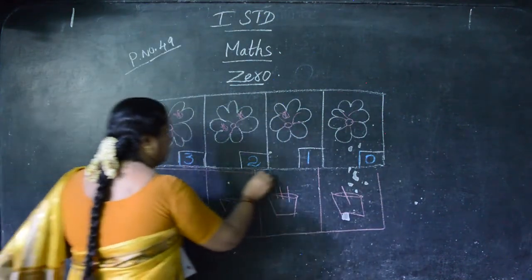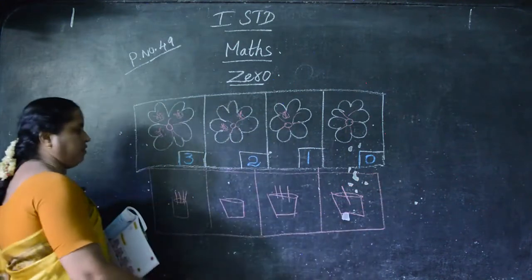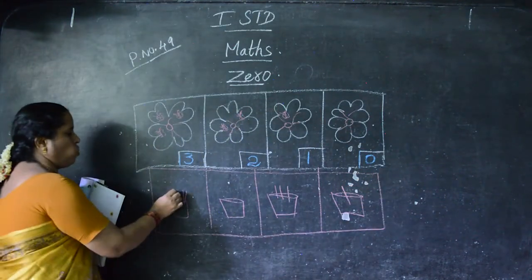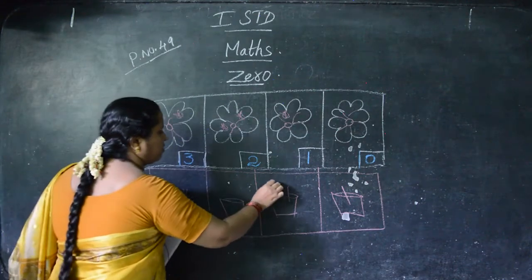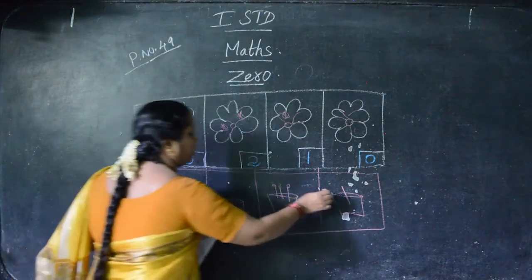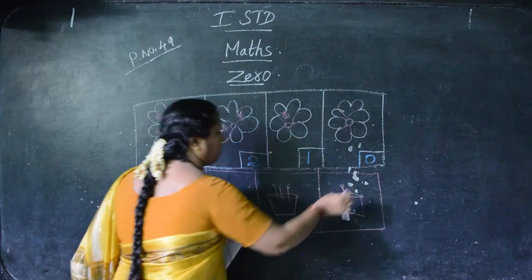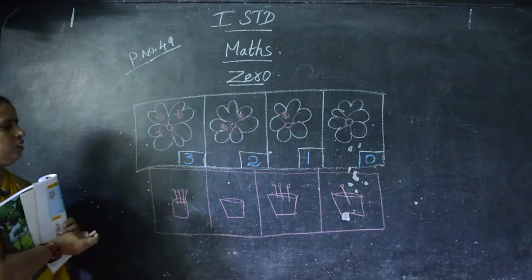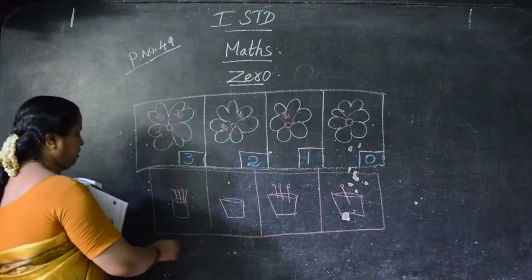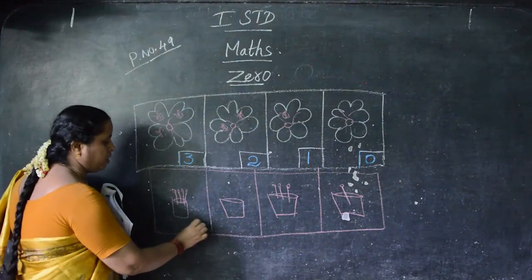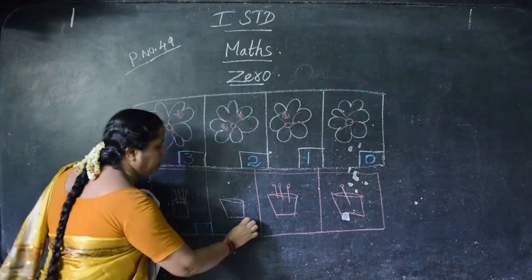You should say, children, okay? Here, see. You should say. Here, see, in the first box, how many pencils are there?